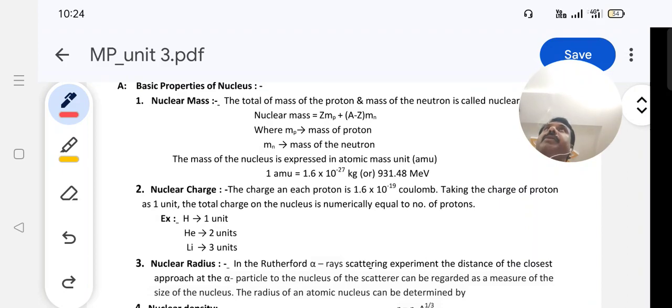One atomic mass unit, that is 1 AMU or 1 u, is equal to 1/12 of the mass of a carbon-12 nucleus. Numerically it is equal to 1.6 into 10 power minus 27 kg, or in terms of energy it is equivalent to 931.48 million electron volt.